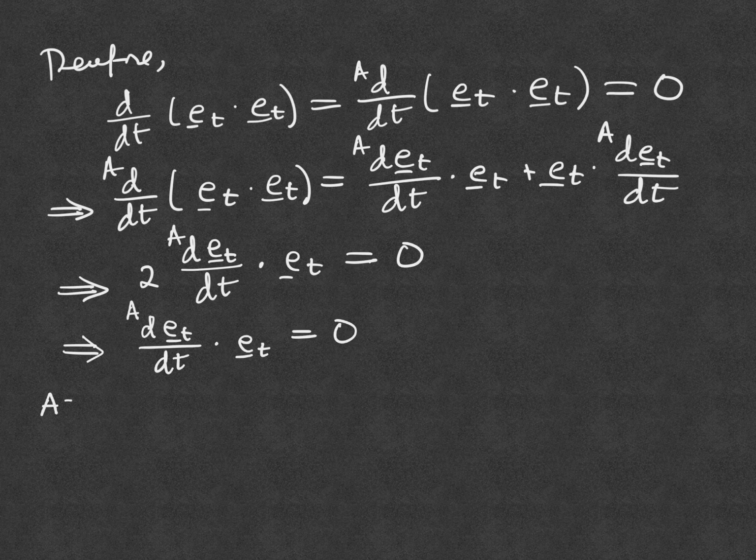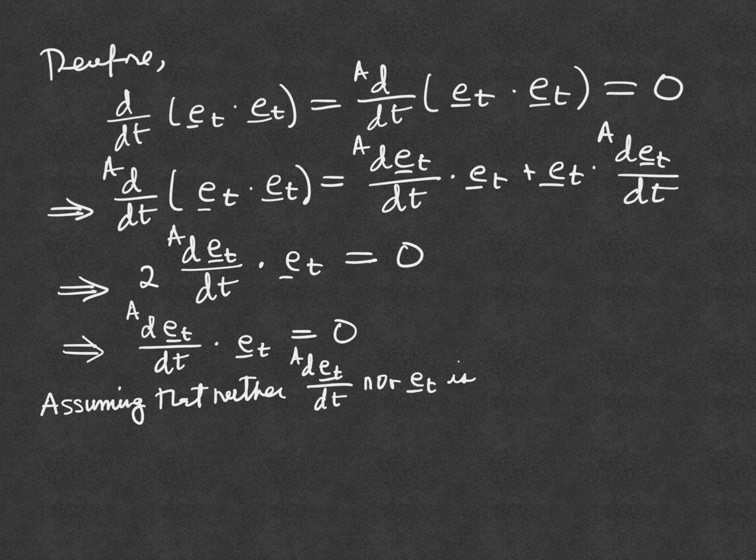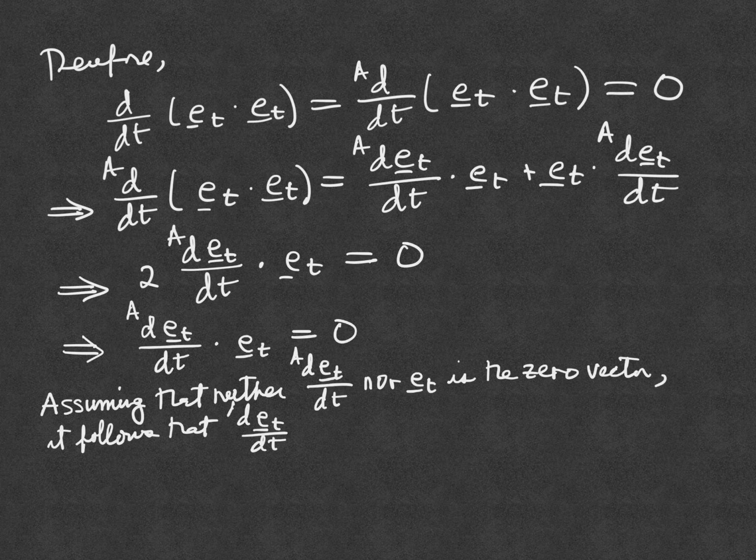So assuming that neither det dt in A nor ET is the 0 vector, it follows that det dt in A is orthogonal to ET.